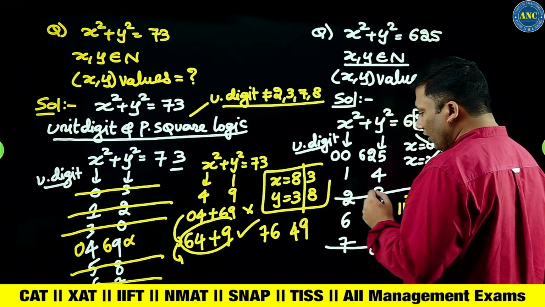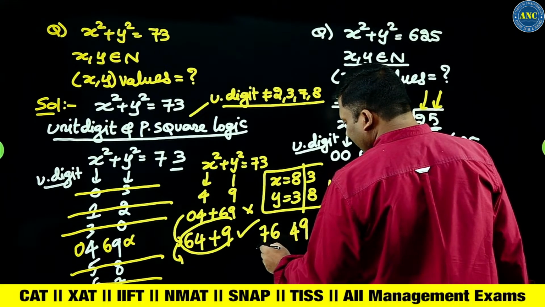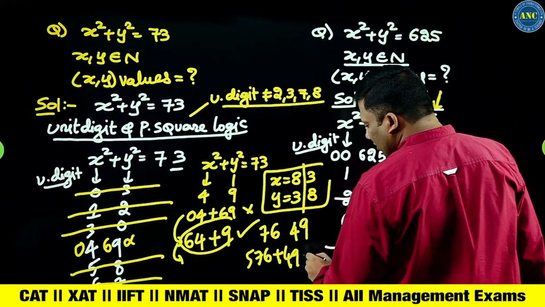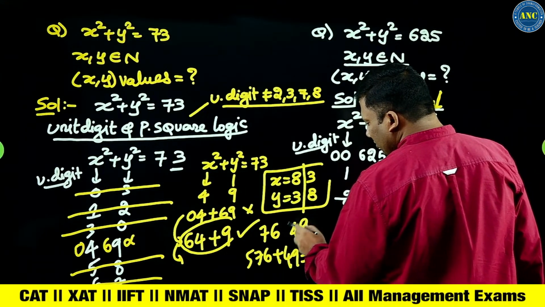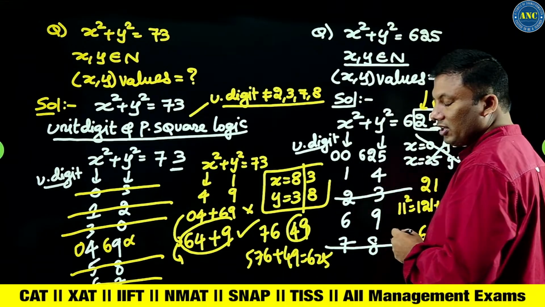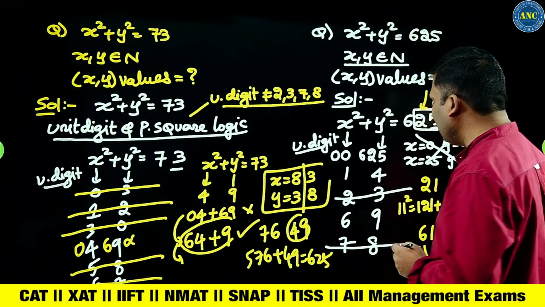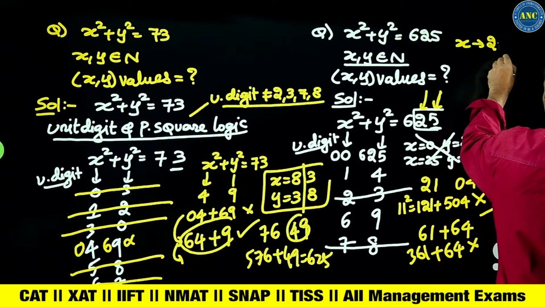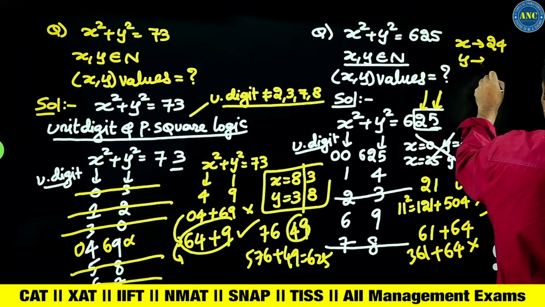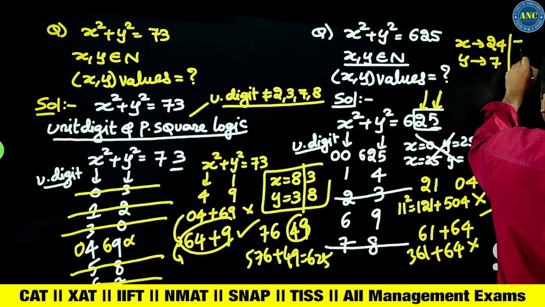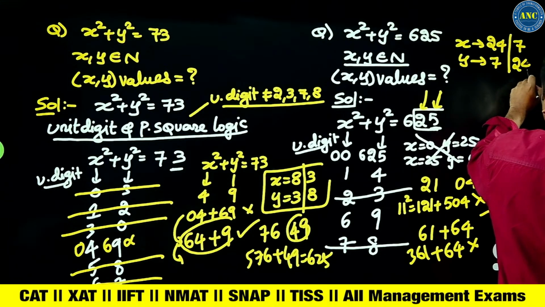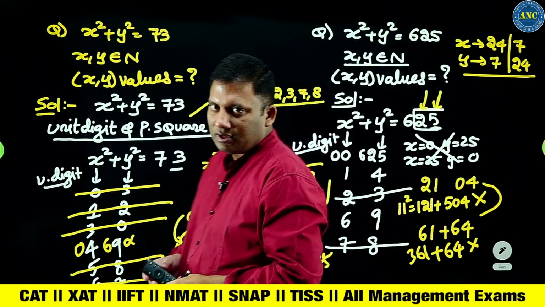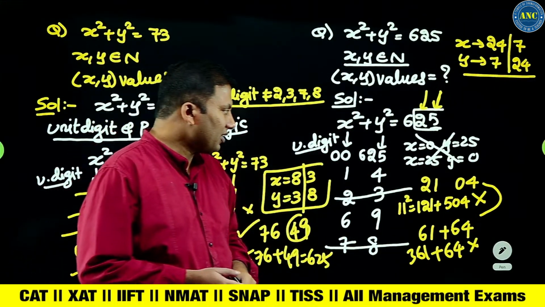That means one case which is visible to me is 576 plus 49, it is 625, because 625 minus 49 is 576. That means the numbers which are quite visible to me are x 24, y 7 or x 7, y 24. Are you all with me?